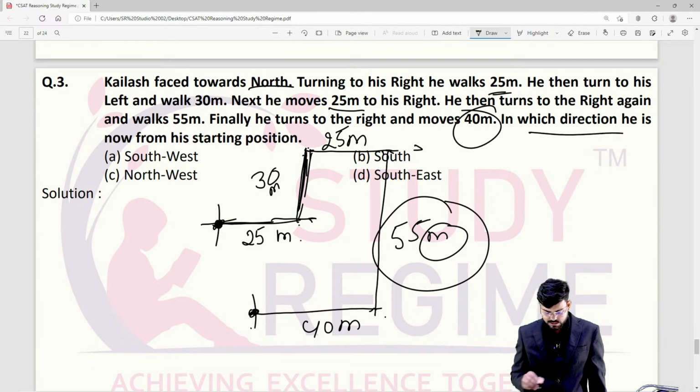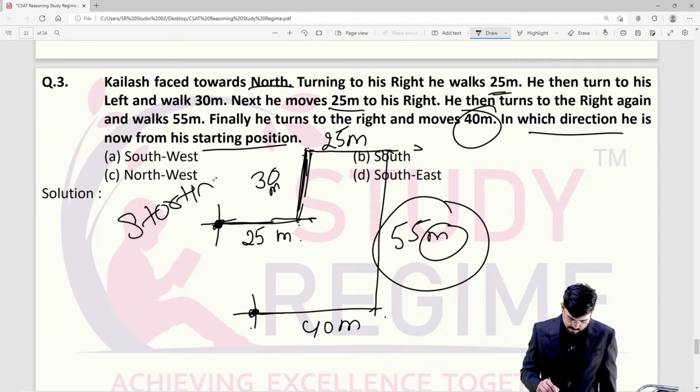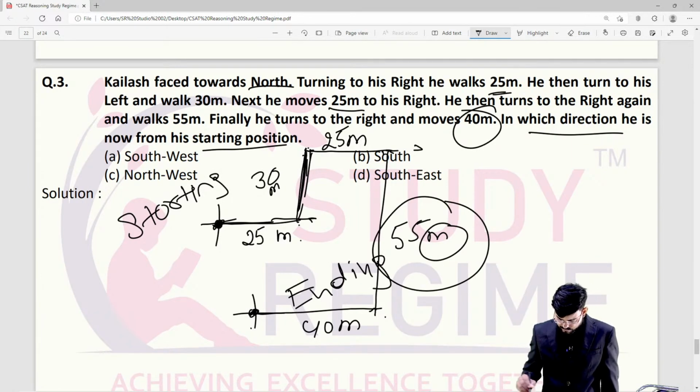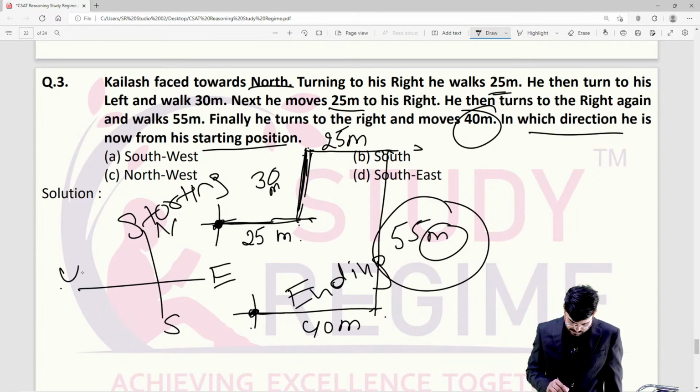In which direction is he now from his starting point? The question asks in which direction Kailash is from his starting point. This is the starting point and this is the ending point. In directions, you know, this is north, this is south, this is east, and this is west.